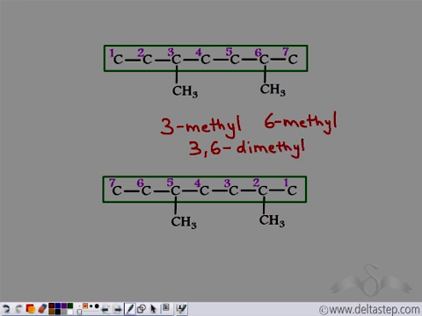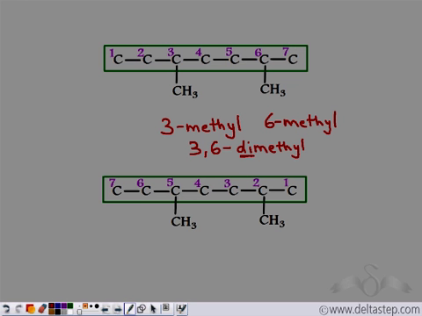Since the same substituent is present twice, there is no need to write it again and again. Instead, this di over here shows that we have two methyl groups, one at position 3 and the other at position 6. Let's take this example. If we have started the numbering from the right, what do we get?